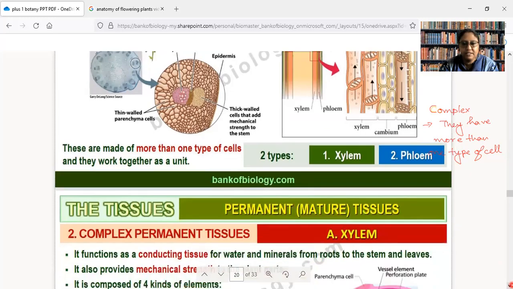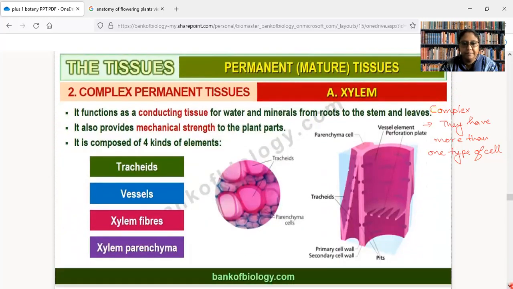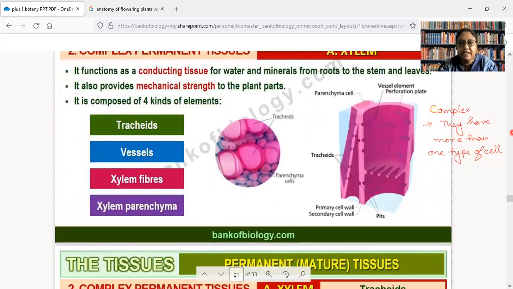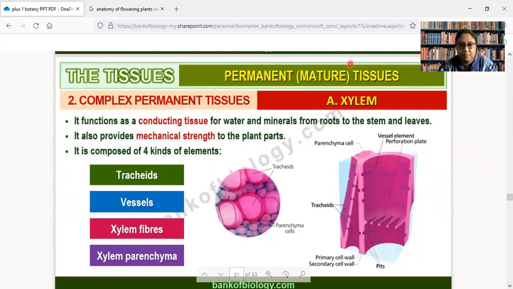Okay, so let us have a look at xylem. Xylem has four components. What are these four components? These are tracheids, vessels, which are also known as trachea, and apart from that, xylem fibers and xylem parenchyma. So it functions as a conducting tissue. Why is xylem named xylem?